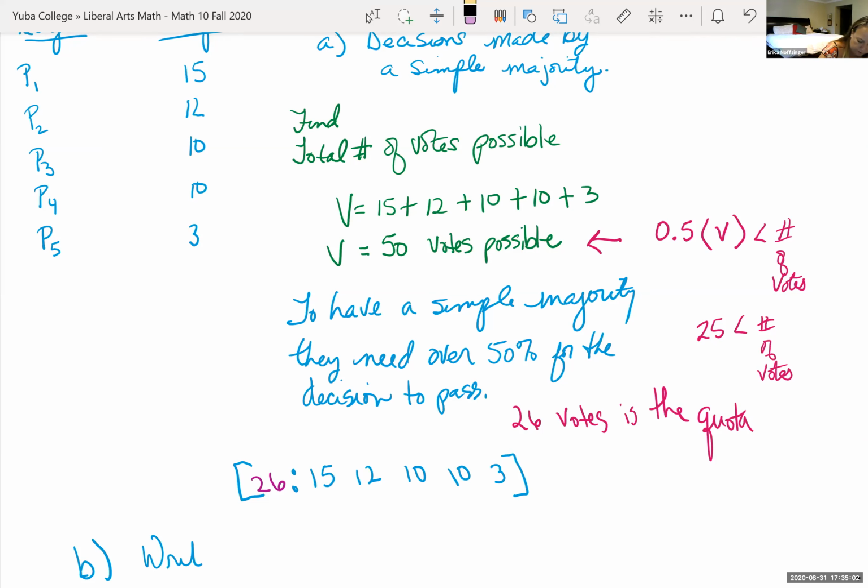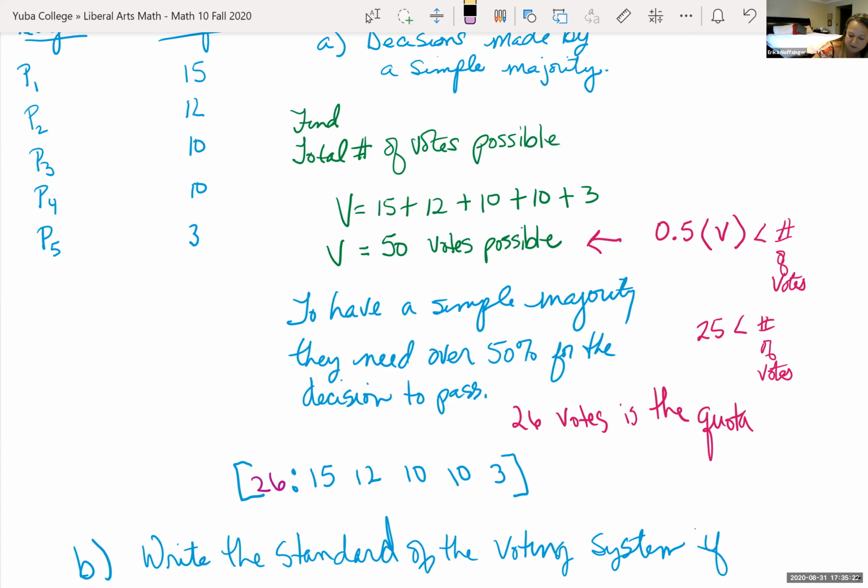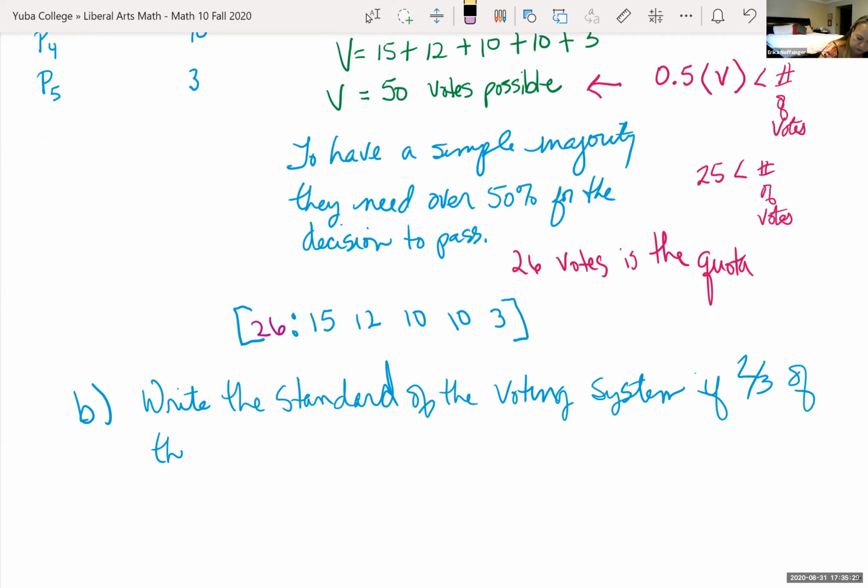Write the standard notation of the voting system if 2/3 of the votes are needed to pass a decision.